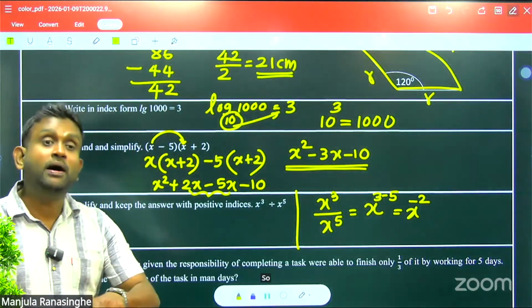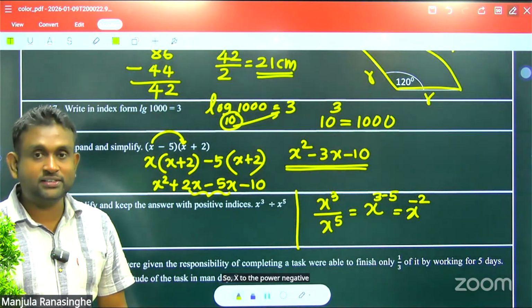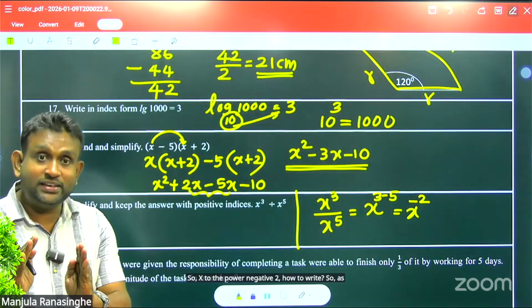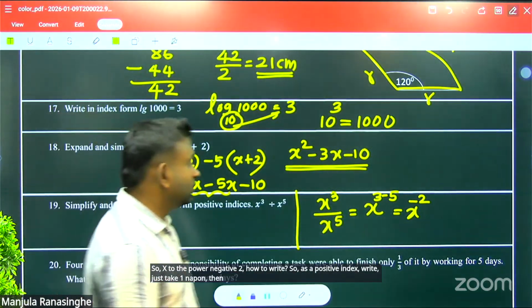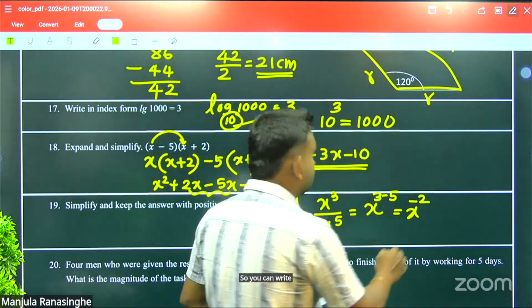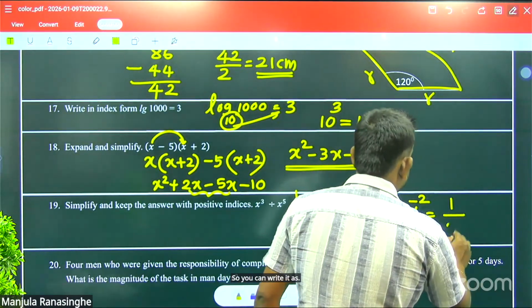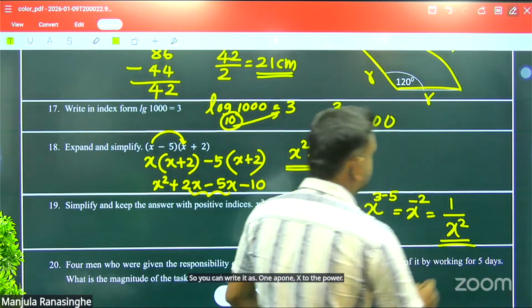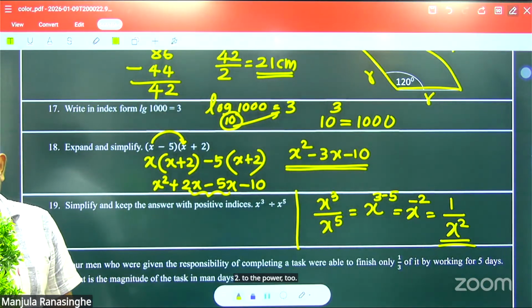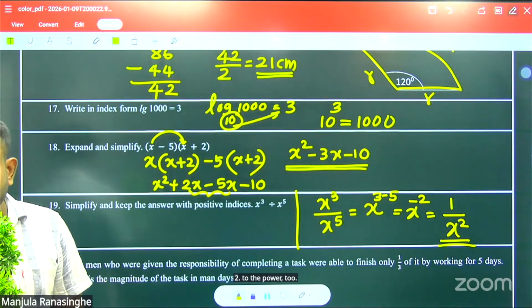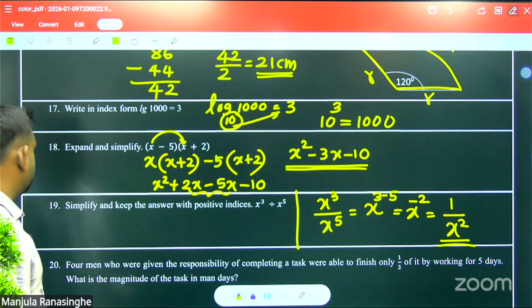So x to the power negative 2, how to write it as a positive index? Just take 1 upon, then it becomes positive. So you can write it as 1 upon x to the power 2.